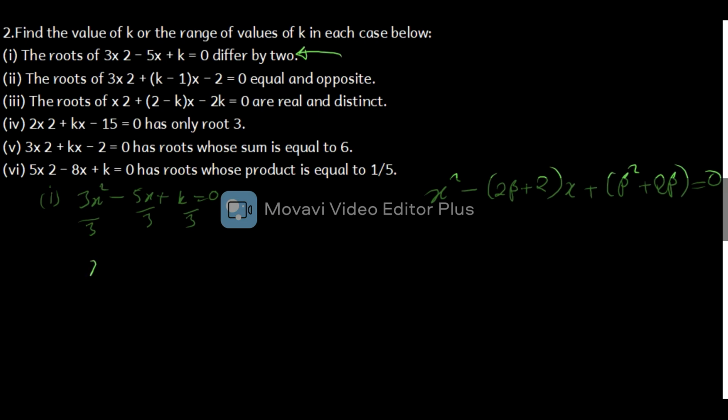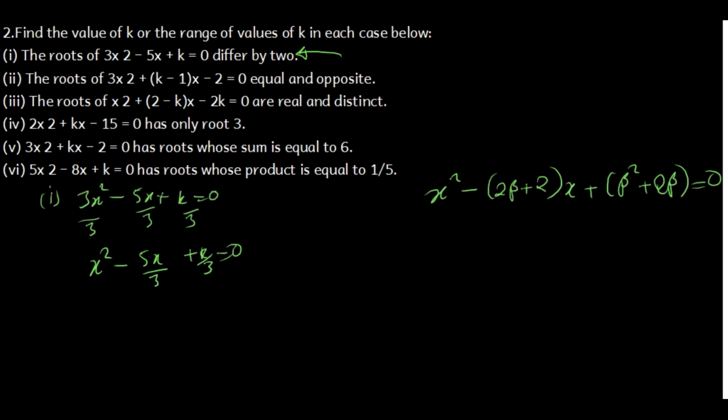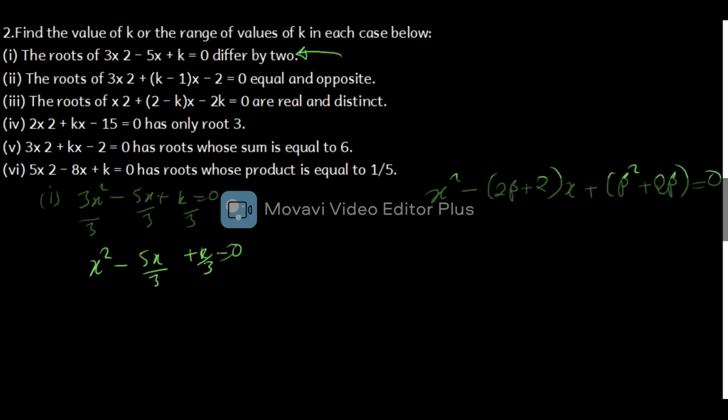So that is going to give me x squared minus 5x over 3 plus k over 3 being equal to 0. That means the negative 5 over 3 should be equal to this portion, because those have the same coefficient. So I'm going to get negative 5 over 3, and equate it to negative 2 beta plus 2.